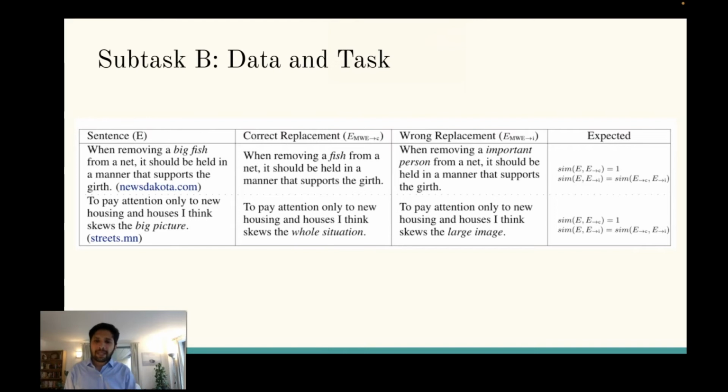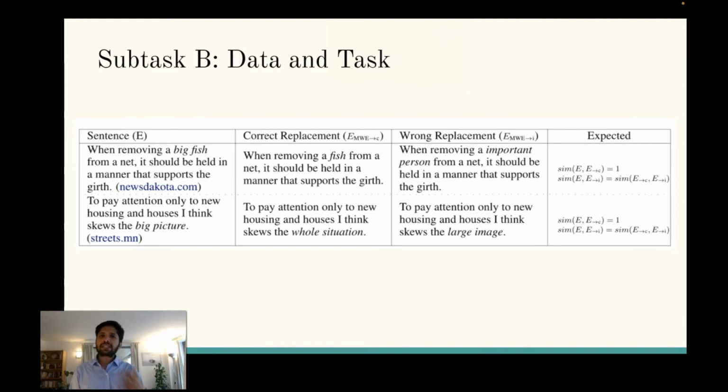Now, the correct replacement using paraphrases would be in the second column, which is to replace big picture with the paraphrase whole situation. However, we can also replace it with the other literal interpretation, which is the large picture. Notice here that the semantic text similarity between column 1 and column 2 must always be 1 because they mean the same thing.